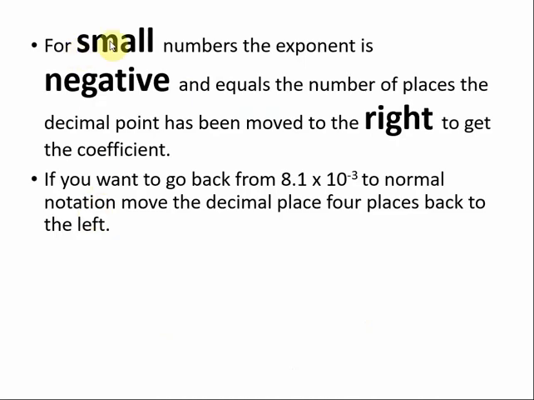To review, for small numbers, the exponent is negative and equals the number of places the decimal point has been moved to the right to get the coefficient to the right spot. If you want to go back from 8.1 times 10 to the negative third to normal notation, you'd have to move the decimal place back to the left and put in zeros to where they were.